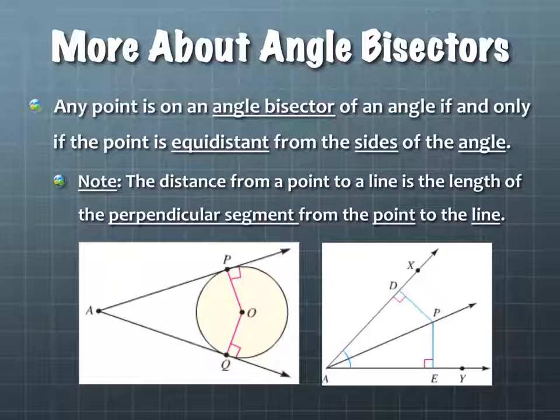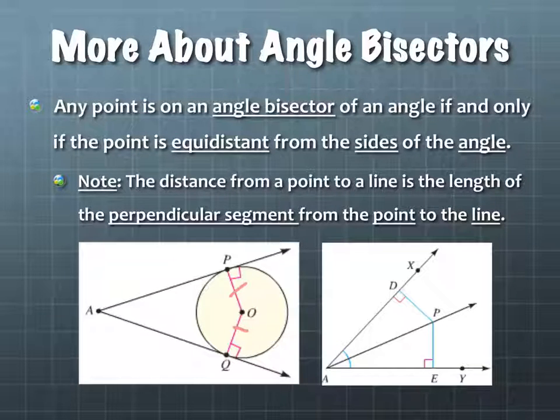So you can see in the first picture that the ray from A through O would be our angle bisector, and the point O is equidistant from P and Q. So they're talking about this line segment and this line segment being congruent. It is equidistant. And the reason it's creating these perpendiculars is because when we talk about distance away from something, the shortest distance is the perpendicular distance. So that's what they're measuring there.